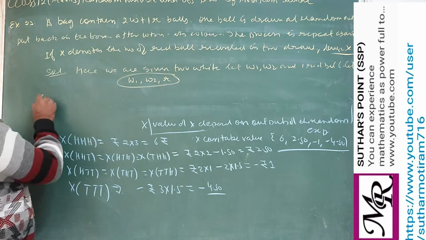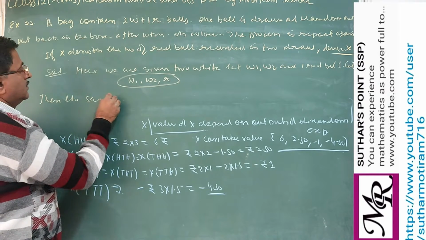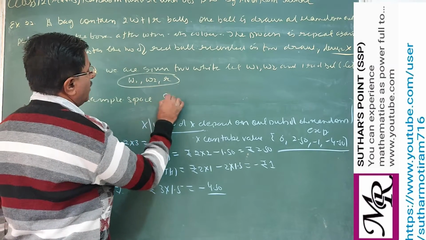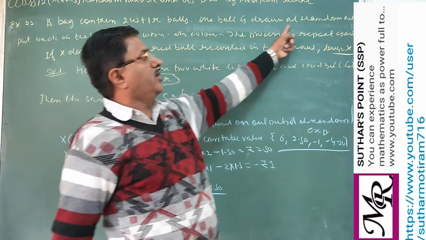Then the sample space will be... Now, what condition says? One ball is drawn at random.